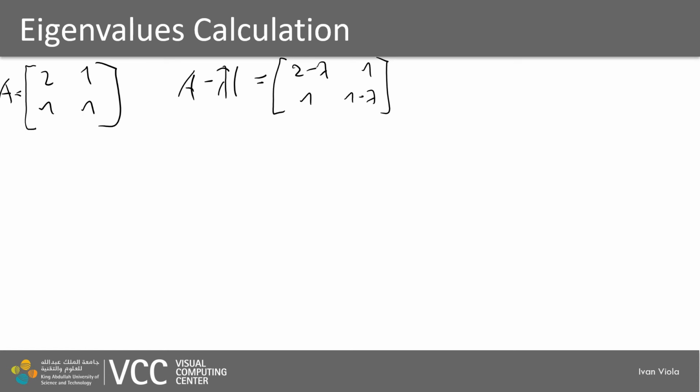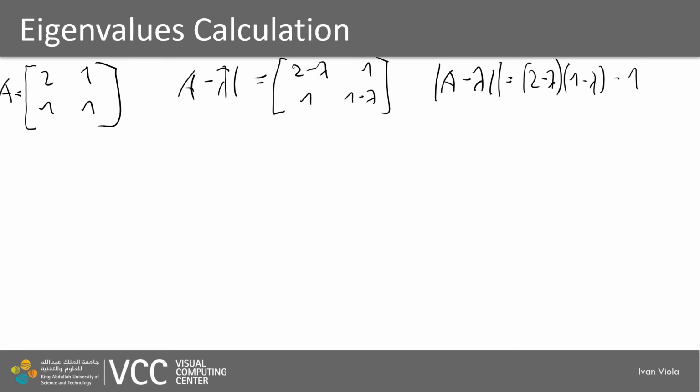And now we need to calculate the determinant of this matrix, so the determinant of A minus lambda I is equal to 2 minus lambda times 1 minus lambda, minus 1.